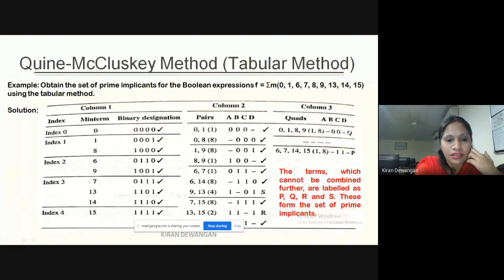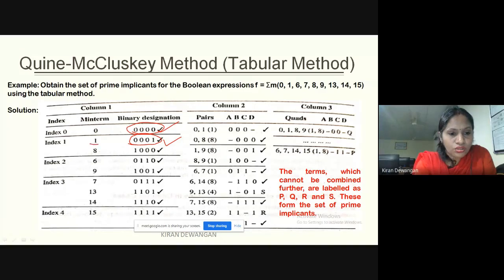Now here we'll compare the index 0 and index 1 terms. The index 0 and index 1 terms, we will compare individually. Now I'll tell how to compare. This is an index 0 term, which is 0 0 0 0. Now index 1 is 0 0 0 1.